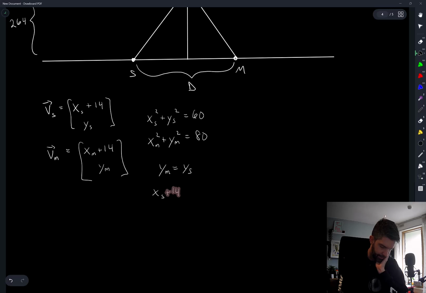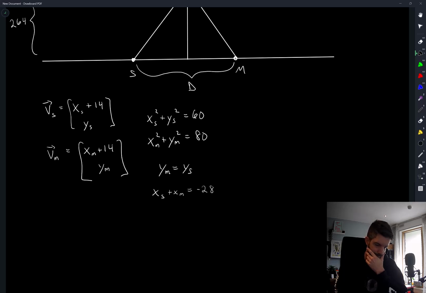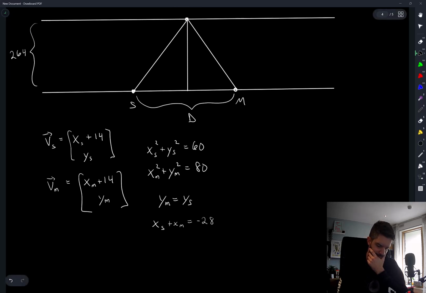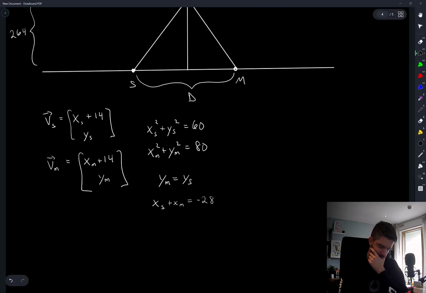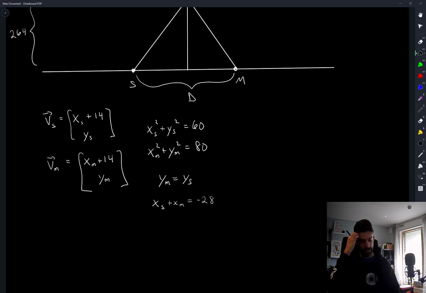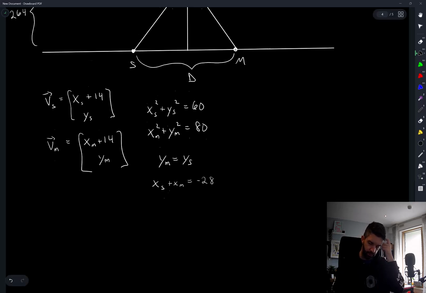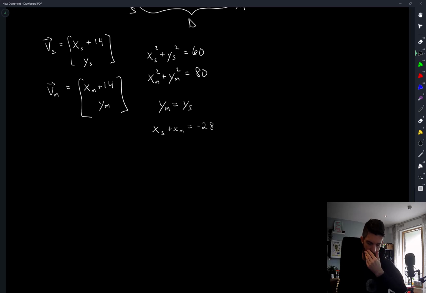Oh, let me just write this as xs plus xm is equal to negative 28. This is 4 equations and 4 unknowns. So let's try and solve this then.